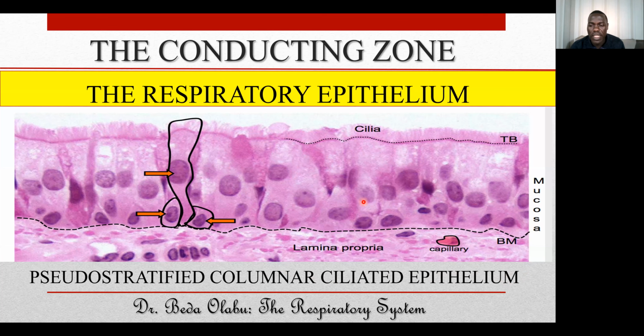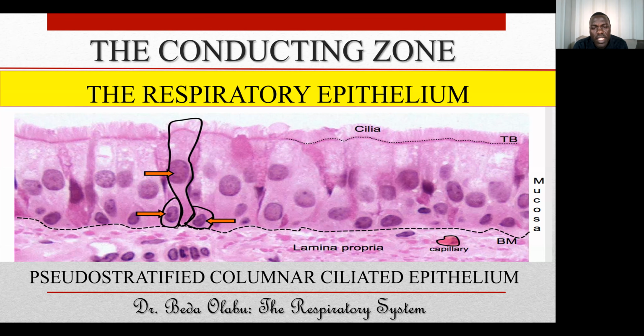In our lecture in histology, I told you that usually this epithelium also has goblet cells. And so the complete name is pseudostratified columnar ciliated epithelium with goblet cells. That usually distinguishes it from the olfactory epithelium that does not have goblet cells.